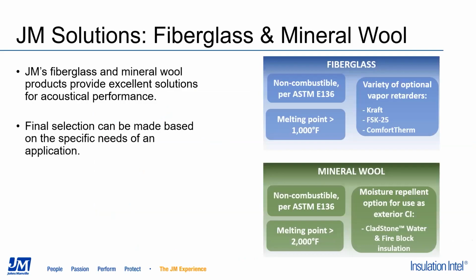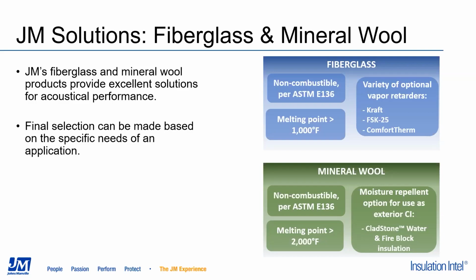So when it ultimately comes down to insulation selection, both the fiberglass and the mineral wool insulations will provide similar acoustic performance in an assembly. And so the real question for selection is which product is going to meet the specific needs of an application.